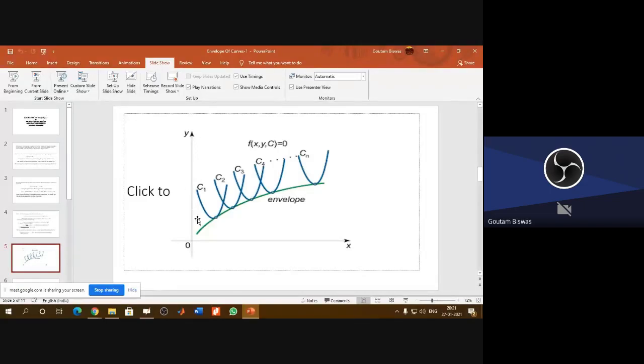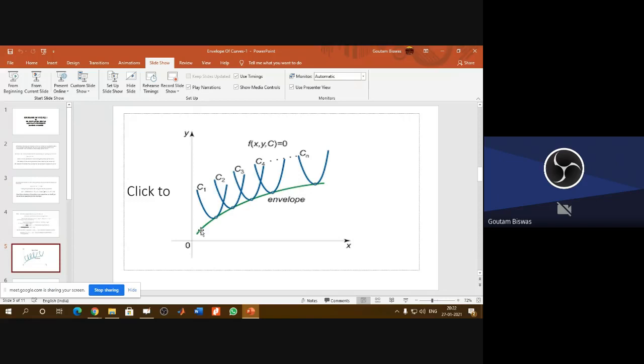Say this is the family of curves. The value of c is c1 here, c2 here, c3 here, c4 here, and so on up to cn. So there are n curves, touching n points of this curve. So this curve is the envelope. It touches every member of the curves.